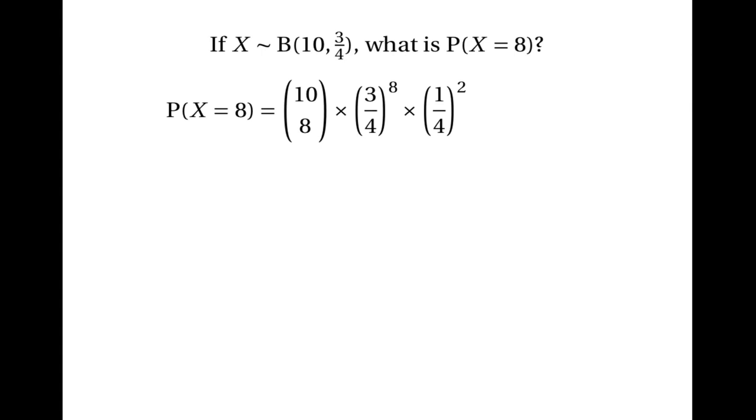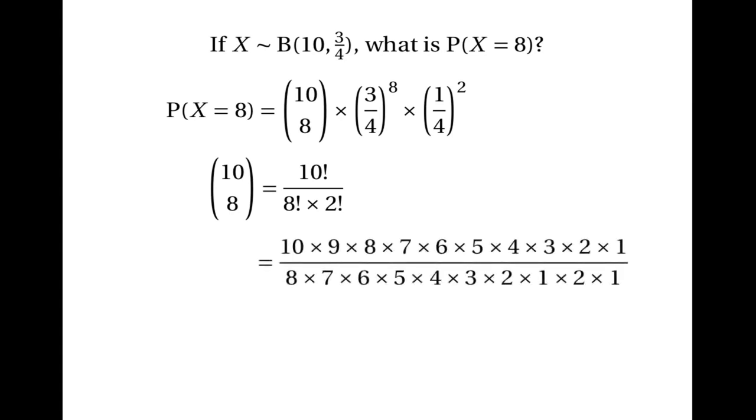We'll have to work out 10 choose 8, and let's use the factorial formula. 10 choose 8 is 10 factorial over 8 factorial times 2 factorial. That's the same as 10 times 9 times 8 times 7 times 6 times 5 times 4 times 3 times 2 times 1 divided by 8 times 7 times 6 times 5 times 4 times 3 times 2 times 1 times 2 times 1.